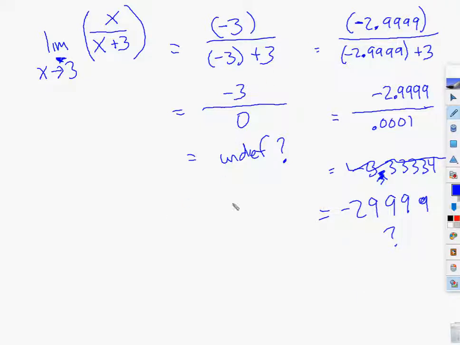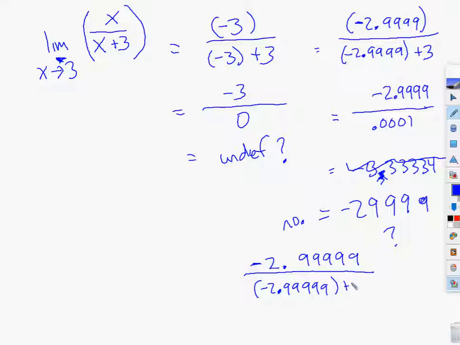Alright, so is this the answer? Well, no, it's not. I want to see if it's approaching a certain number. Does it get close to something that's certain? So let's just try one more. Let's do one more decimal place of accuracy and see what happens. So we'll add one more 9. That gets us even closer to negative 3, doesn't it?